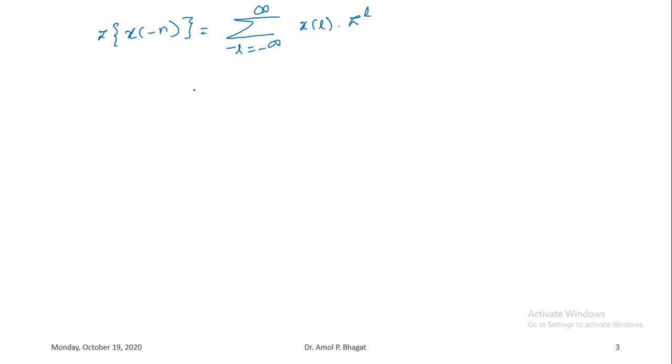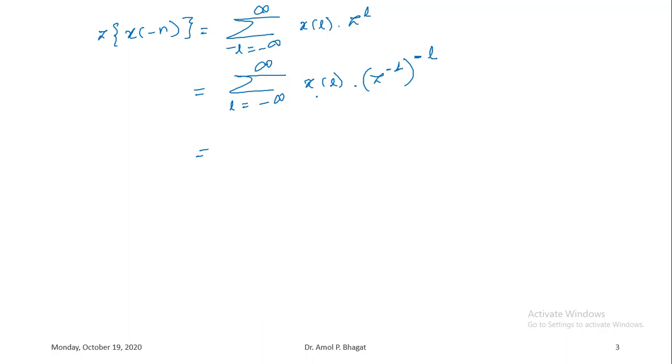Again this minus sign I can send inside the summation limits, so it will be simply l equals minus infinity to infinity, because the negative sign will get multiplied with each value. And this x of l will stay as it is, and this Z to the power l can be written as Z to the power minus 1 raised to the power minus l. This minus minus will be plus, so it will be simply Z to the power l only.